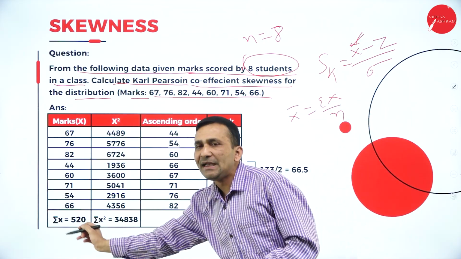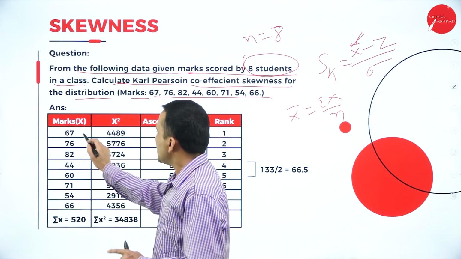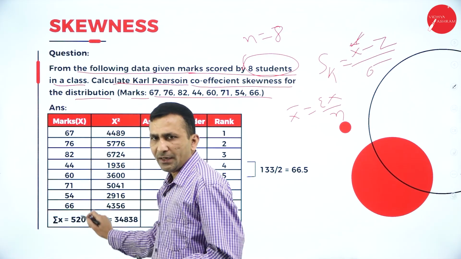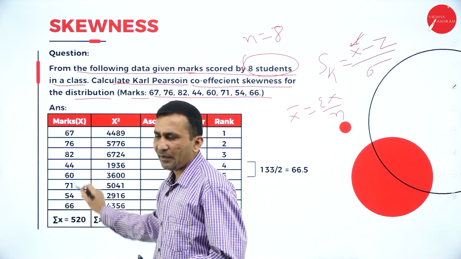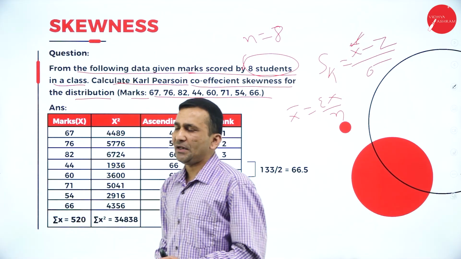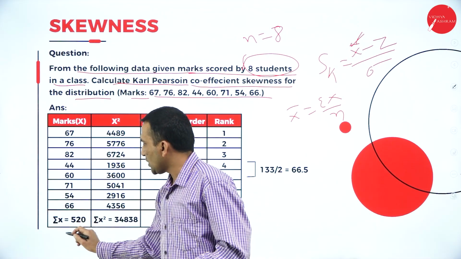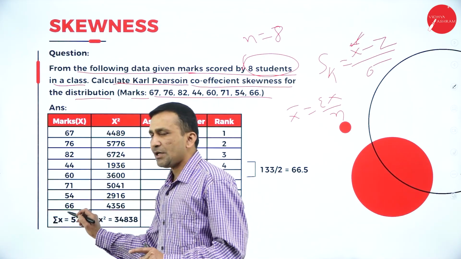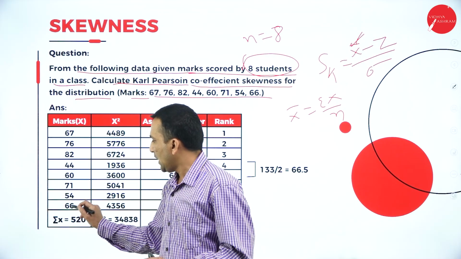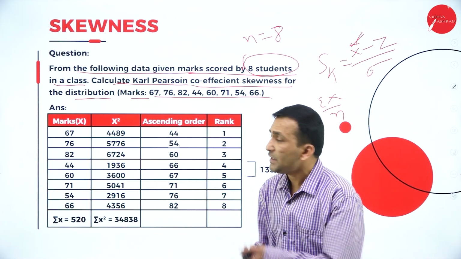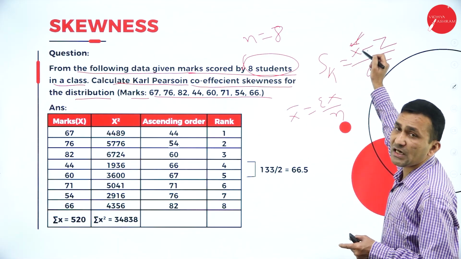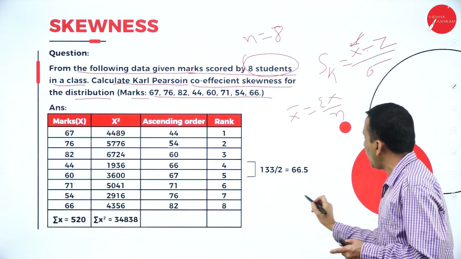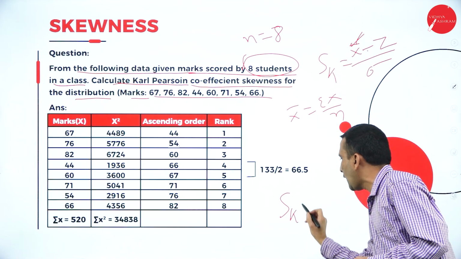Writing in vertical format: 67 is not repeated, 76 is not repeated, 82 is not repeated, 44 is not repeated, 60 not repeated, 71 not repeated, 54 not repeated, and 66 is not repeated. So this formula is not advisable; you need to depend on the other formula.